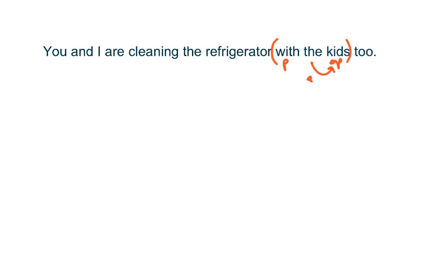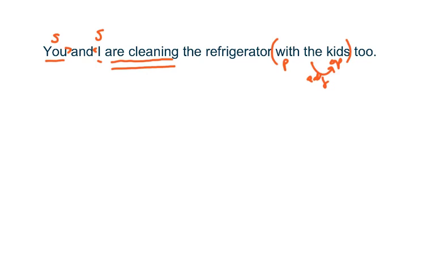Adjective describing kids. Any others? No. Okay. So, do we have any conjunctions? Well, yes, we do. We have and. What is the subject of our sentence? What is our sentence about? You and I. Compound subject.